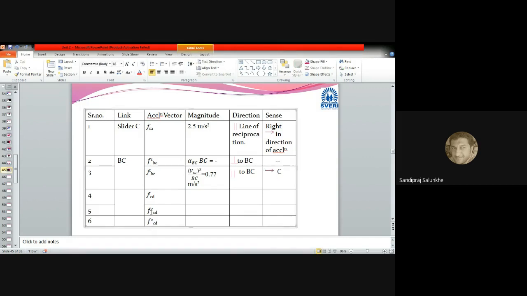Right. Now the next link we have to take is AB. Tangential component of B with respect to A and centripetal component of B with respect to A. Tangential component is given by alpha of AB multiplied by length of AB.